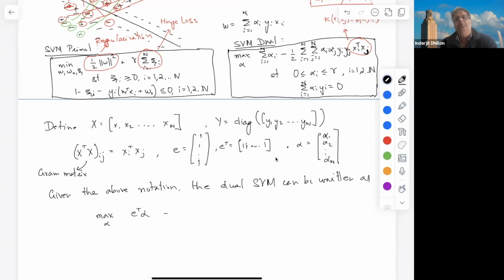The second part is a quadratic function in the alphas, and I can write it as a quadratic form. It is minus 1/2 alpha transpose, y transpose, x transpose, x, y.